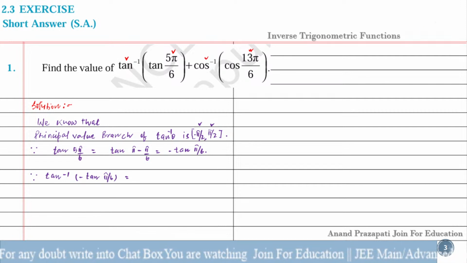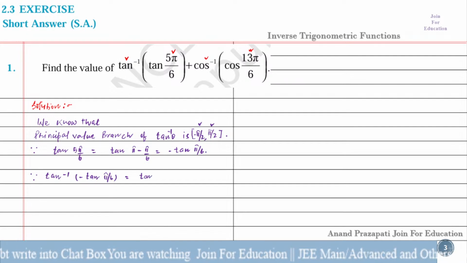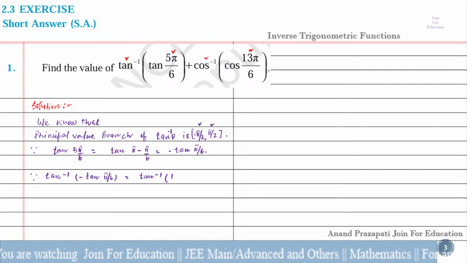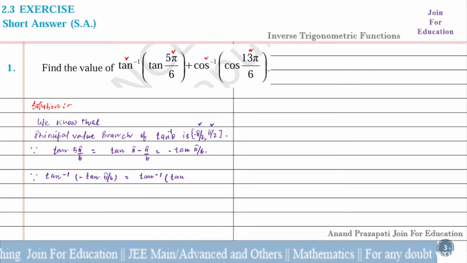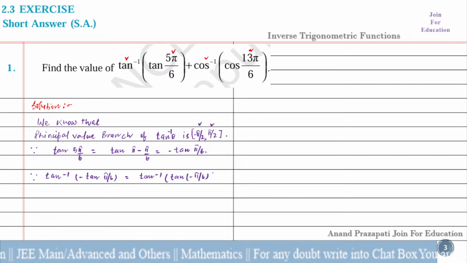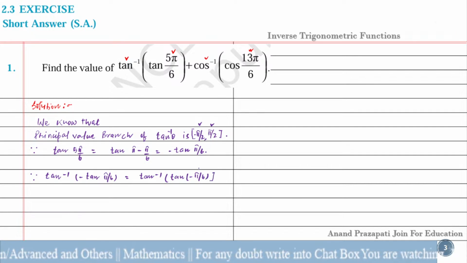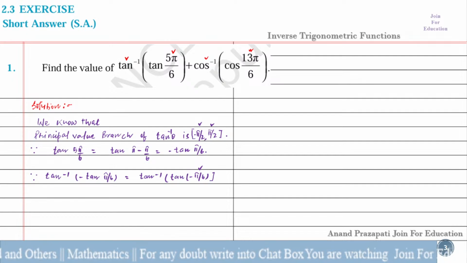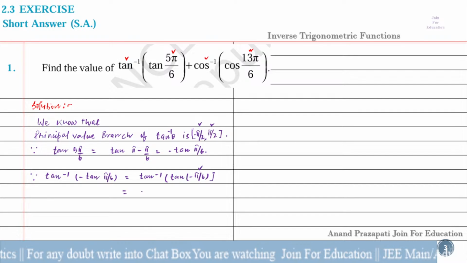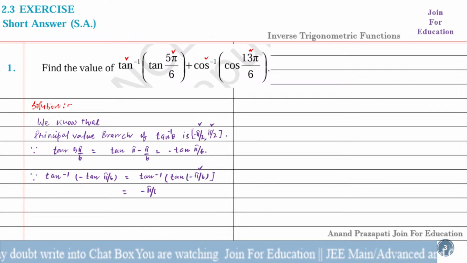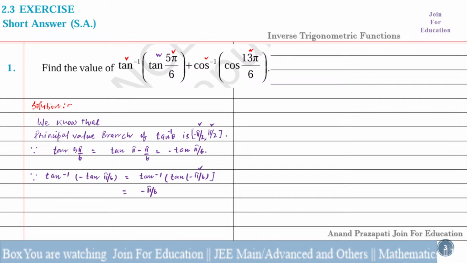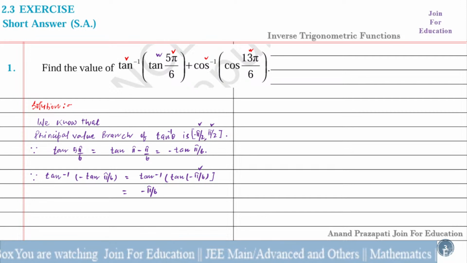So here will be tan inverse tan minus pi by 6. So minus pi by 6 lies between minus pi by 2 to pi by 2. Therefore the value of this one is minus pi by 6. Hope there is no problem to understand up to this step.